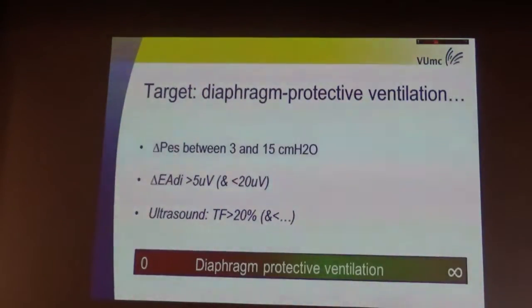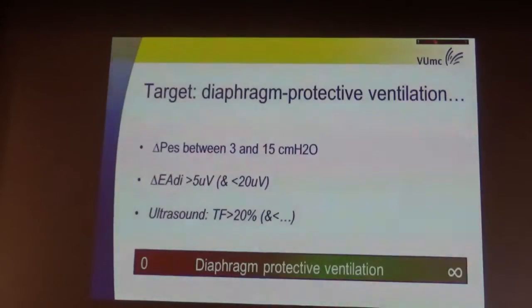So then the difficult question is, if you are using a monitoring technique, what should you aim for? Well, I think the easiest would be using the esophageal catheter. The esophageal balloon, I would say for most patients, perhaps not the sickest patients, but for most patients, a change in esophageal pressure somewhere between 5 and 15 centimeters of water would be within the physiological range.